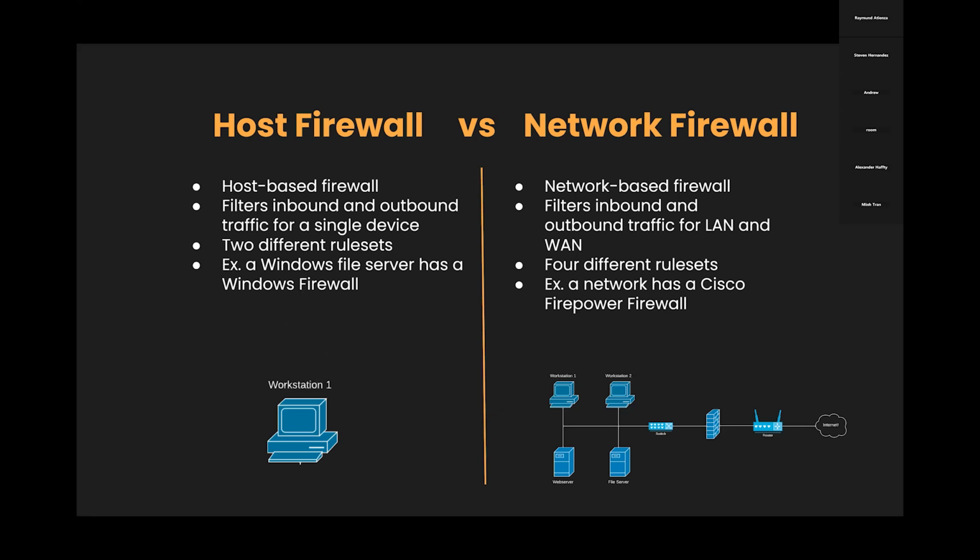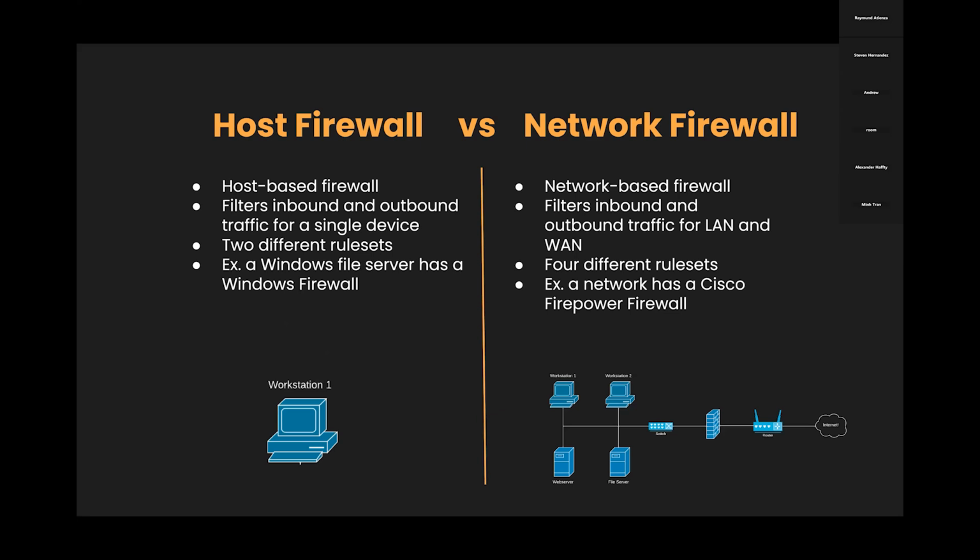So the network firewall filters traffic on the WAN and the LAN networks. LAN is your local area network, and in this example, it's everything on the left here. And a WAN is a wider area network, and that is everything on this side.